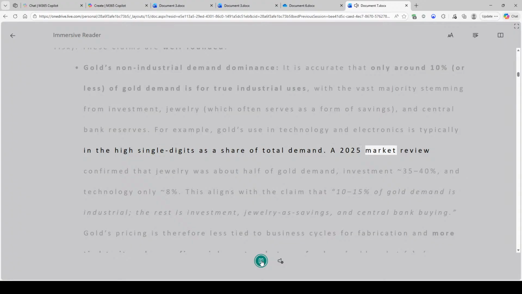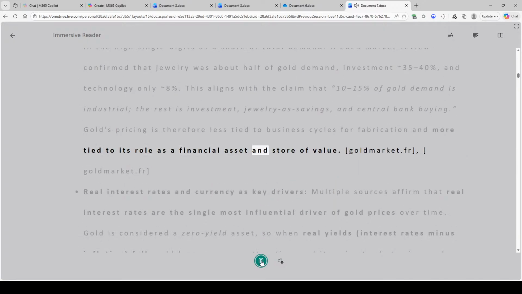A 2025 market review confirmed that jewelry was about half of gold demand, investment 35 or 40%, and technology only 8%. This aligns with the claim that 10 to 15% of gold demand is industrial, the rest is investment, jewelry as savings, and central bank buying. Gold's pricing is therefore less tied to business cycles for fabrication and more tied to its role as a financial asset and store of value.